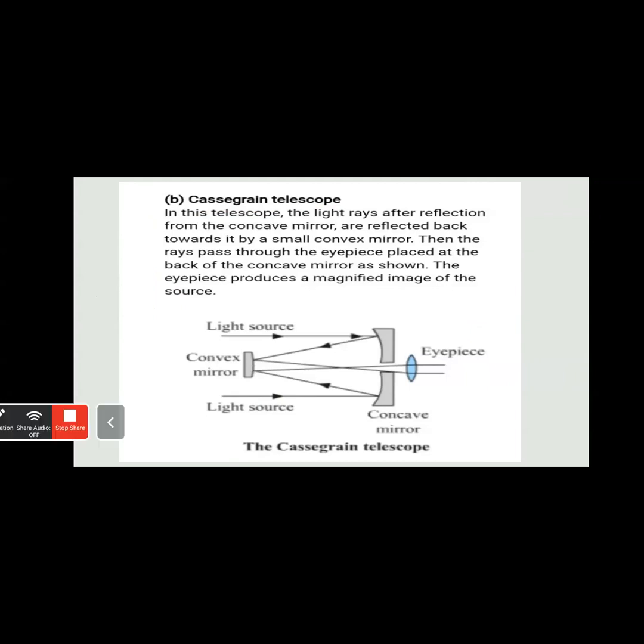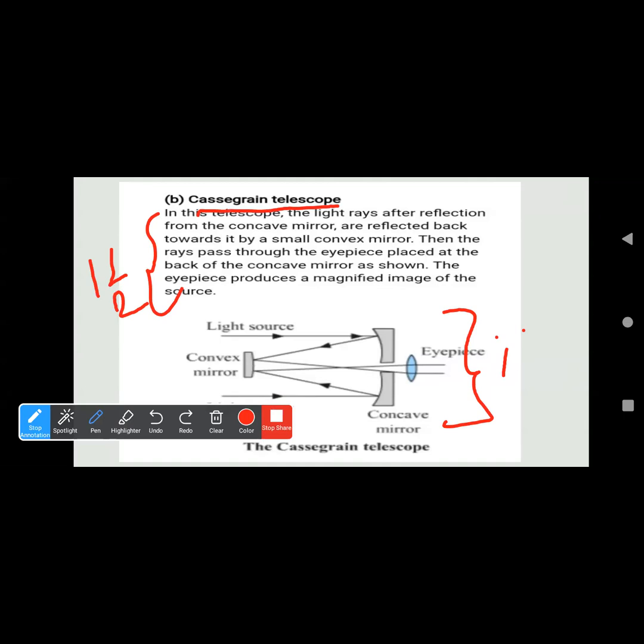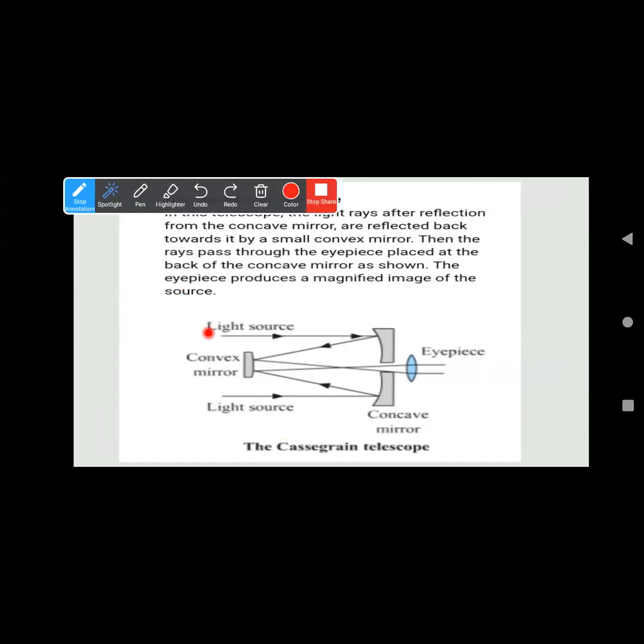Right? So here you can see the diagram. This light source. Here is the concave mirror, convex mirror. So light is coming here, reflected from the concave mirror, going to a convex mirror, then again deflected back, and the image is seen in the eyepiece.